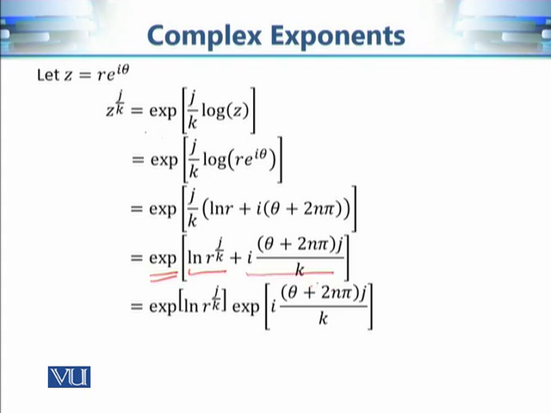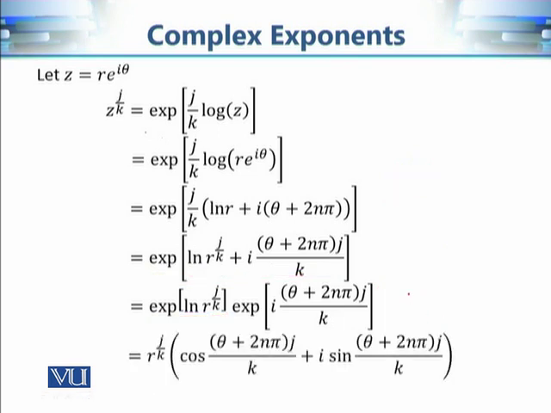This is going to be equal to exponential of log of r raised to power j over k and exponential of this number. This is just the simple property of exponents that we have so far, that e raised to power x plus iota y is going to be equal to e raised to power x and e raised to power iota y. So using this we get this expression.